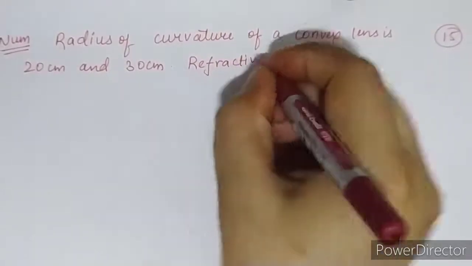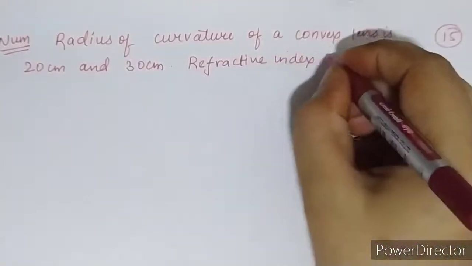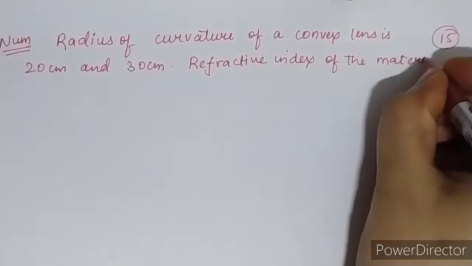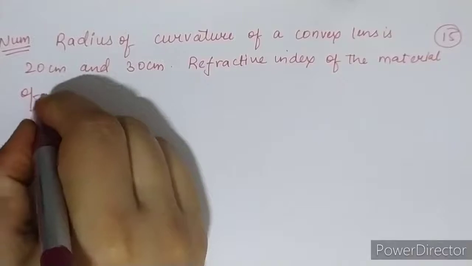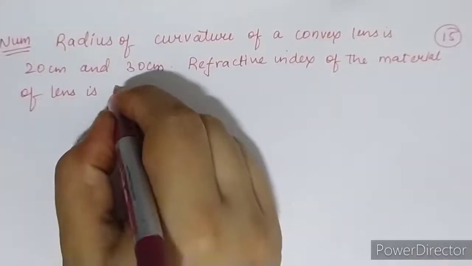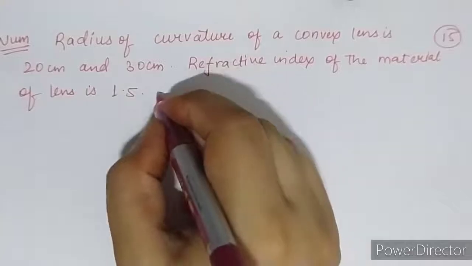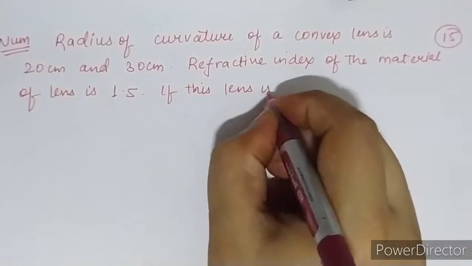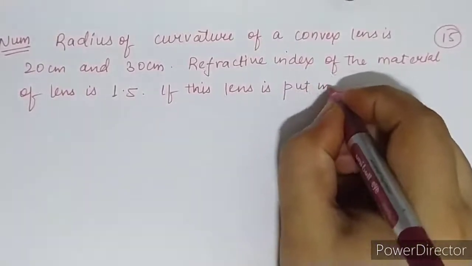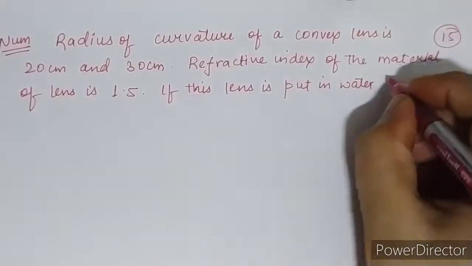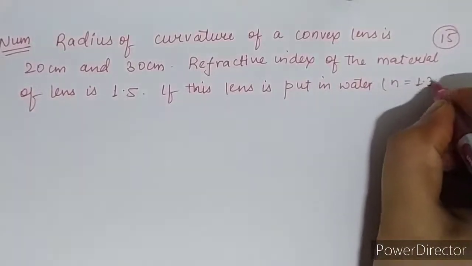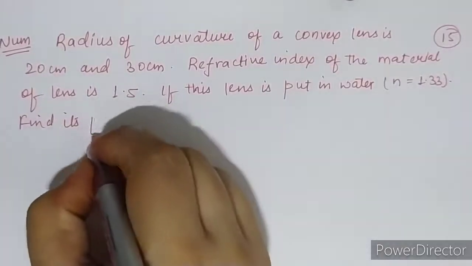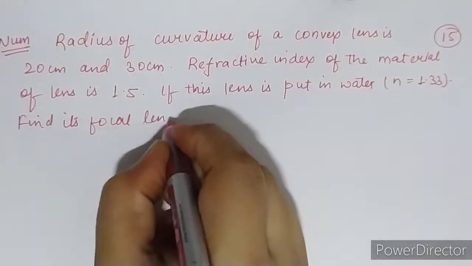The refractive index of the material of the lens is 1.5. If this lens is put in water, the refractive index of water is 1.33, find its focal length.